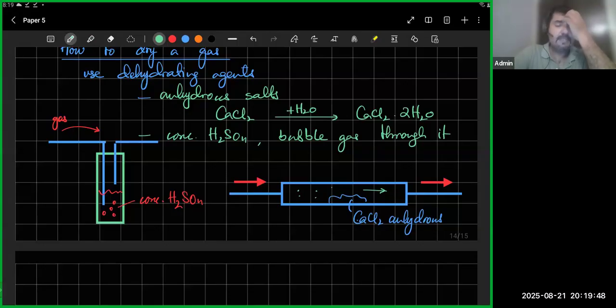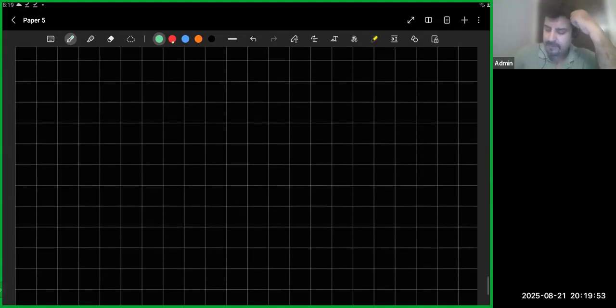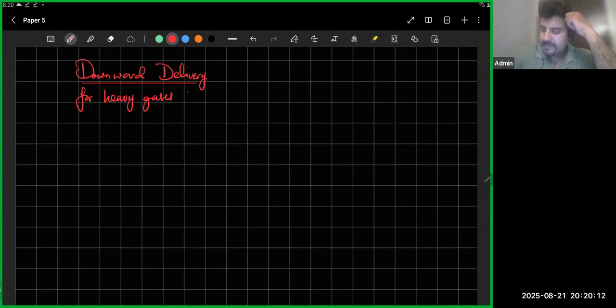Especially when it comes to collecting gases, there are two more ways of collecting gases. One is downward delivery, and the other one is upward delivery. So downward delivery is for heavy gases, and these gases have a mass that's greater than 29, which is the Mr of air, or the average Mr of air, वो nitrogen और oxygen दोनों का average है.